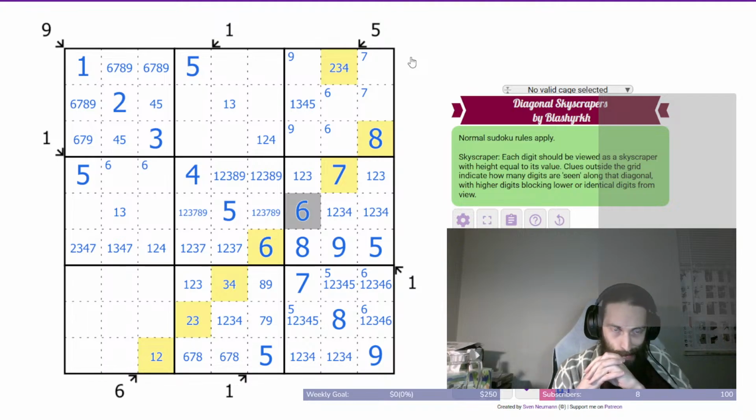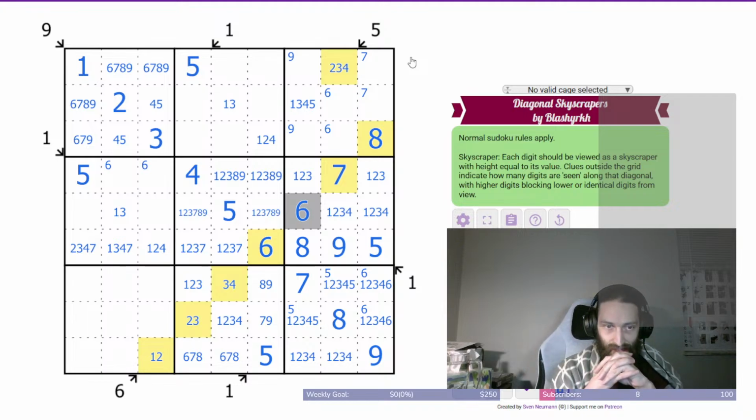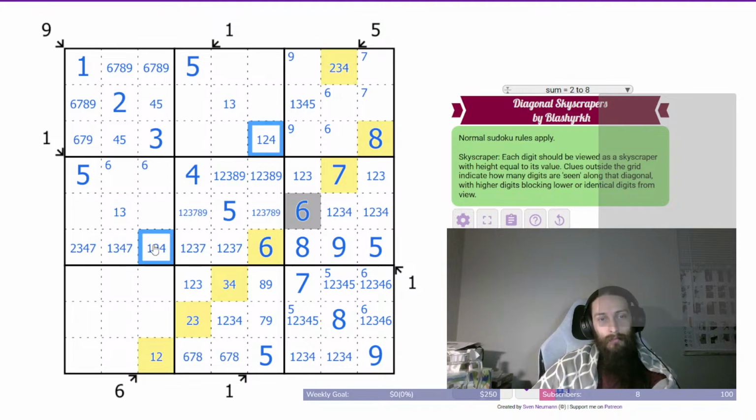All right. If the yellow in box 3 is a 4, then you wouldn't be able to see any of the ones in box 5, because, let's see, you wouldn't be able to see the one in box 2.